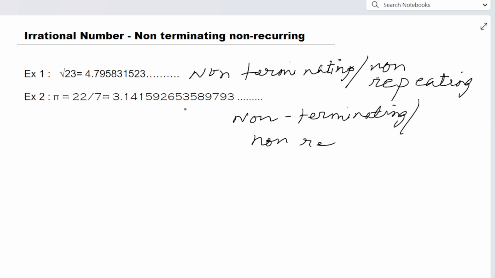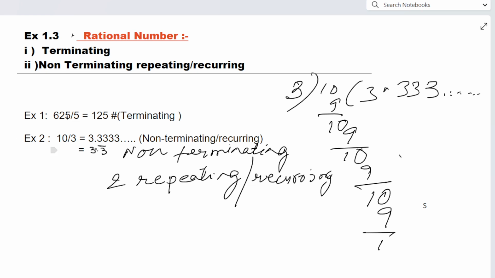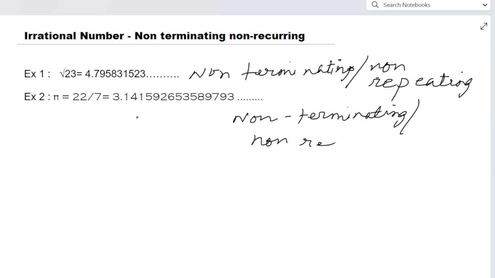Of course some numbers repeat: this 9 is repeating, 3 is also repeating, but I'm not talking about that repetition. I mean some pattern. If you go back to the rational number, after the digit 3, 3, 3, it is following a pattern. In the irrational number, the numbers repeat too, this 9, here also 9, here also 9, but it is not following any pattern.